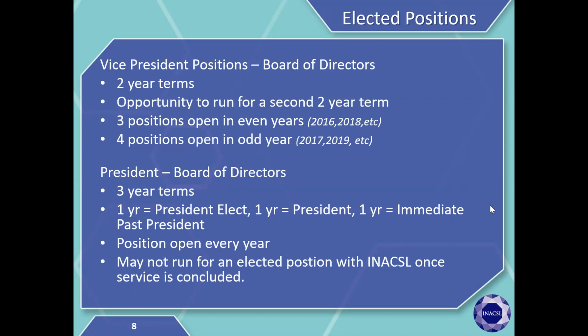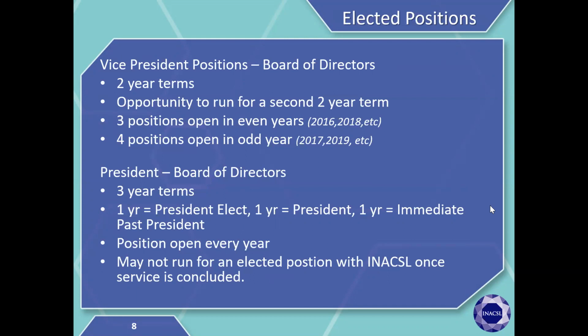And then the president position is actually a 3-year commitment. So the way that works is that you run during the elections period. You would put in an application or a nomination to be president-elect. If elected, you would serve a one-year term as president-elect, and then in the second year, you would move and become the president of the organization.